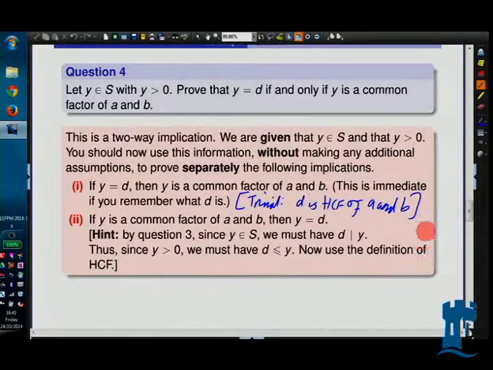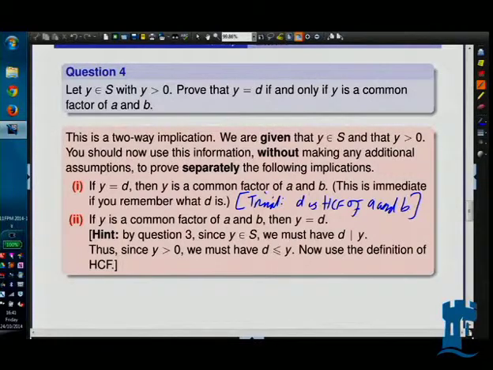Okay, I think at this point what I'm going to do is the rest, question 4 and question 5 for you. Some of you have already thought about question 5 and made progress on it, and some of you even finished it. So I'll just do the rest.